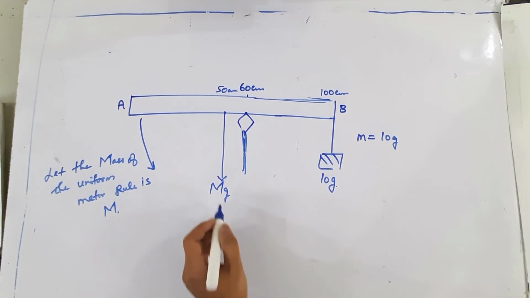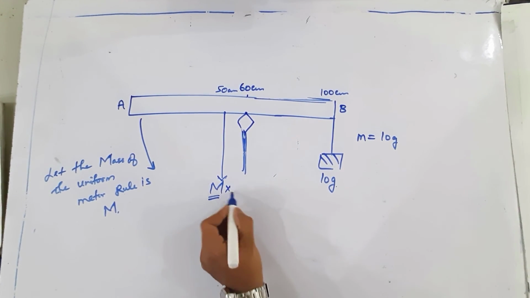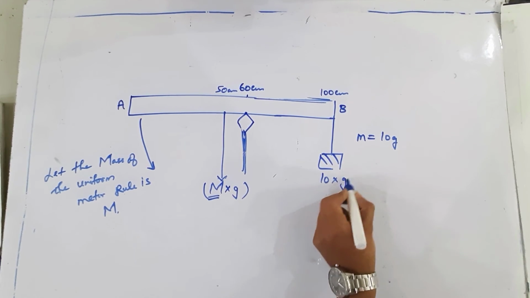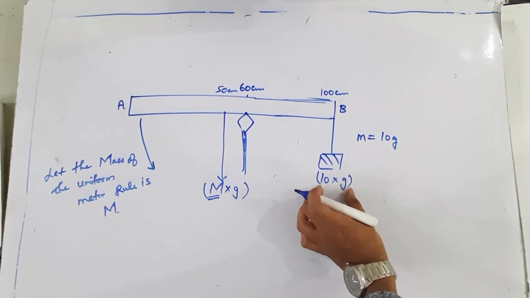Please make it clear, here m is the mass of the uniform meter rule, whereas g is the gravity, that is mg. Here also 10 is the gram and g for gravity. So the weight is mg and here the weight is 10g.